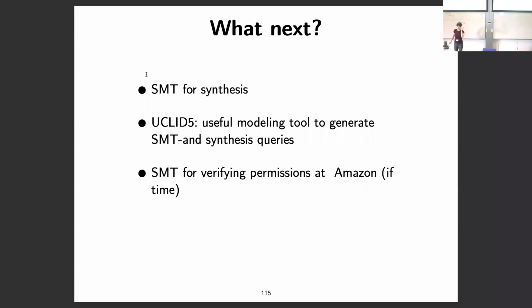Can you synthesize something for that hole so that I pass these properties for bounded model checking or K induction? And I was also going to talk about using SMT to verify how permissive access protocols are, which is on S3 buckets at Amazon. If you use an S3 bucket, you've seen a little icon in the top right-hand corner of your list of S3 buckets, which says, is this bucket publicly available? And they use an SMT solver to tell you whether that's true.